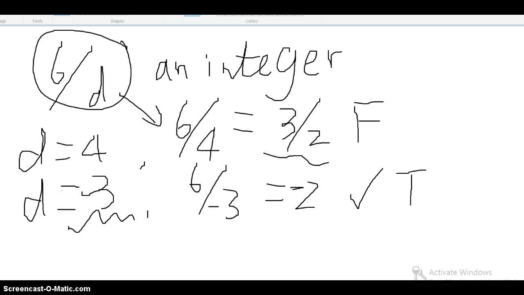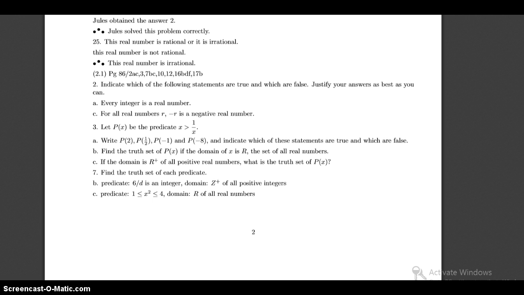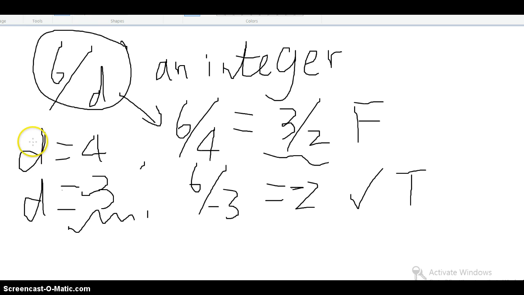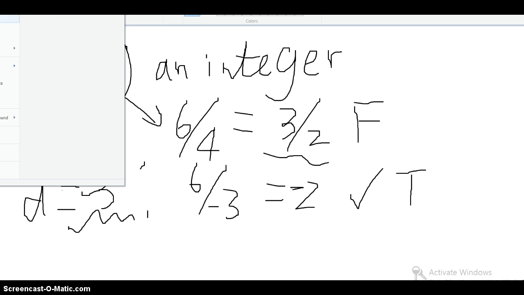Now that's part B. Part C, predicate: 1 is less than or equal to x squared, less than or equal to 4. So we're looking for the numbers we pick for x such that x squared is between 1 and 4. Okay, so let's do this one here.